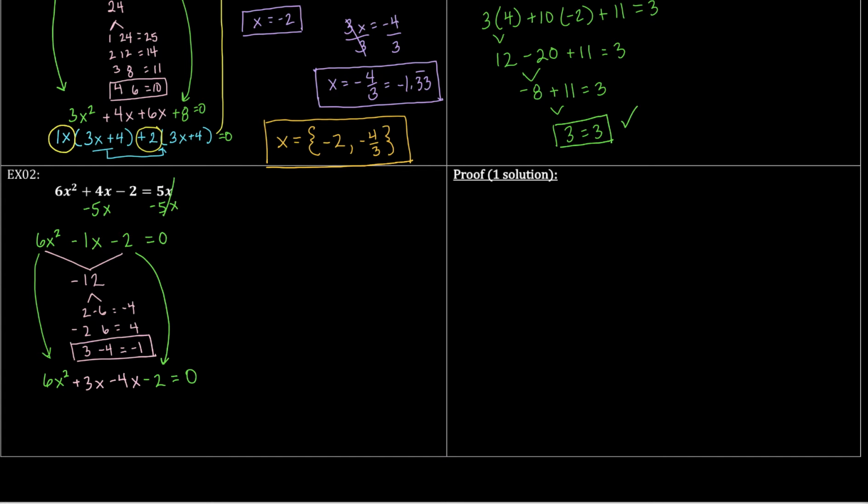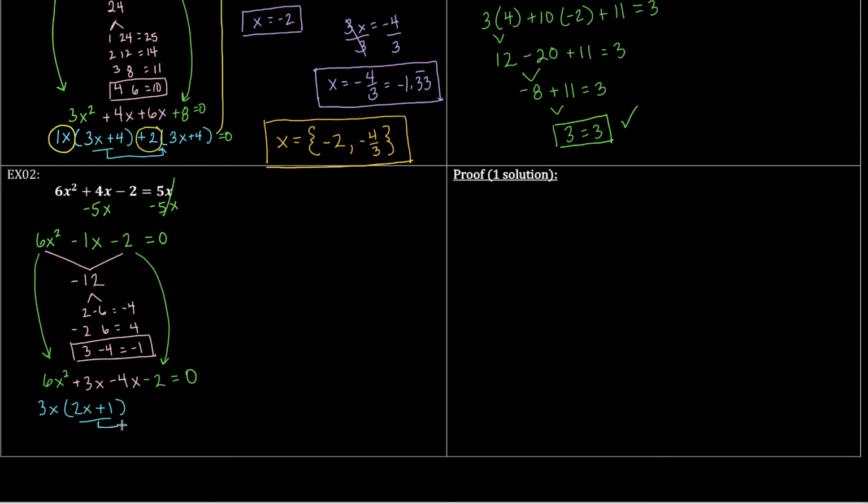I'm going to factor out, what color did I use? Blue. 6 and 3. Remember, the largest common factor would be 3. And then I can pull out x. 3x times what is 6x squared? 3x times 2x. 3x times what is 3x? Positive 1.